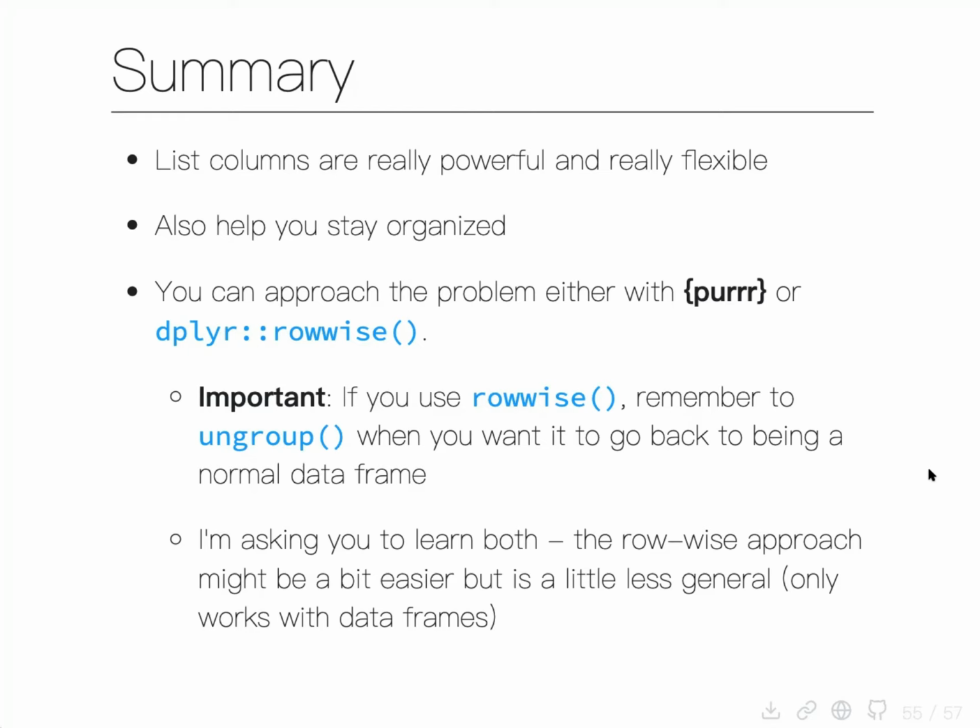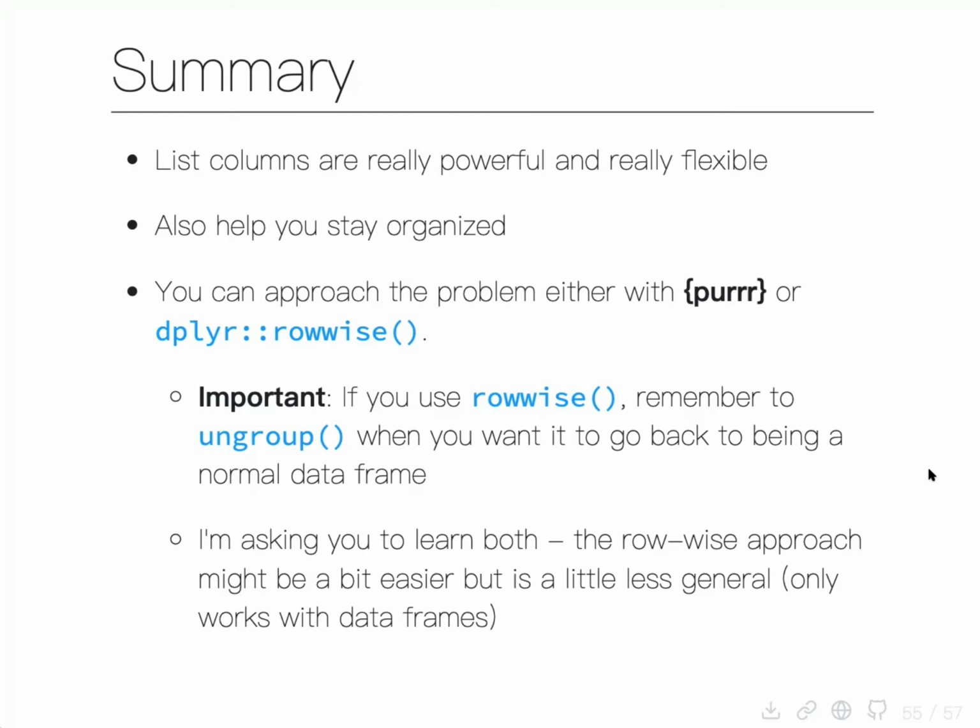So if you're going to get to the point where you're writing your own R packages or you're solving really complex problems for people with their data, then you're almost guaranteed going to have to write a loop at some point. So that's what we've really been focusing on. Row-wise is one way to do those loops, and they are looping still. It's just a slightly different way to do it. Okay?